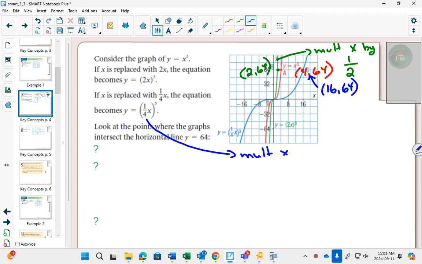You're going to multiply the x by, and this is why I like using the reciprocal, your brain is going to do multiplication better than it's going to do division. So you could either say divide by 2 and divide by 1/4, or you could say multiply by half or multiply by the reciprocal or 1.